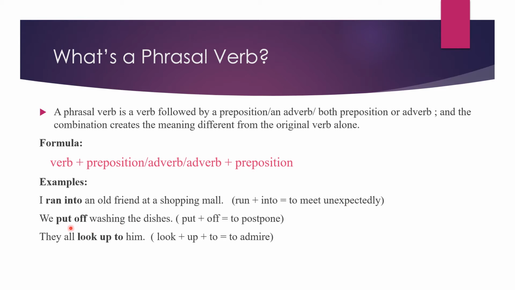Over here the verb put is combined with the adverb off, and it gives the meaning to postpone. Next one is: they all look up to him. Over here look is the verb, which is combined with the adverb up and with the preposition to, which gives the meaning to admire.